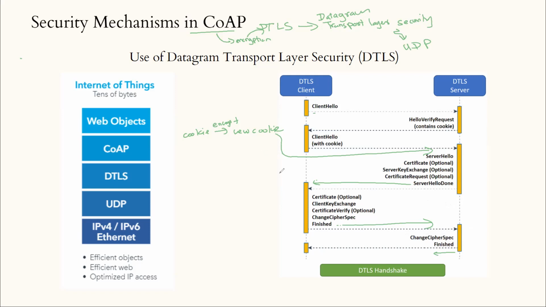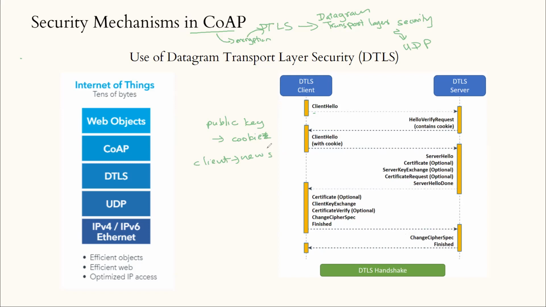So anyway, what we need to know generally is that, similar to the HTTPS protocol, the client and the server will exchange a certain public key or a certain random number sequence, which we call the cookie, and the client will generate a new secret cookie, let's say, and share it with the server.